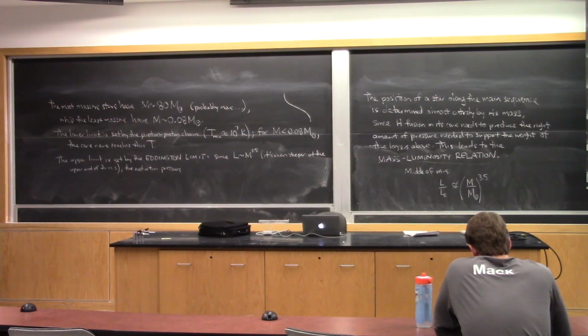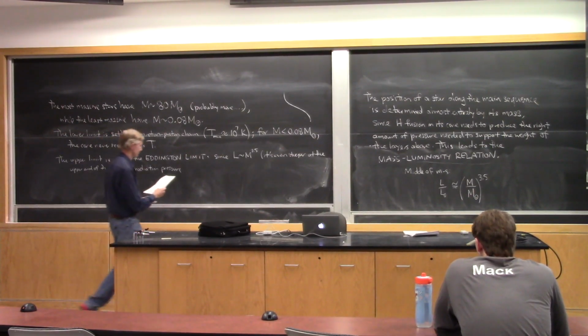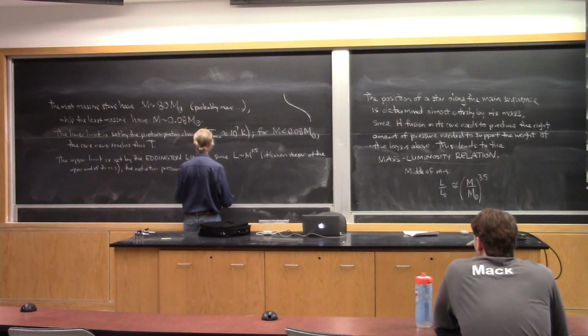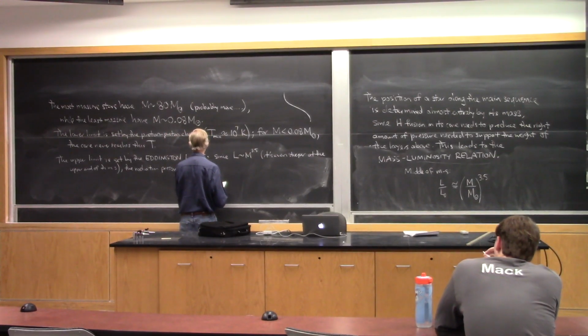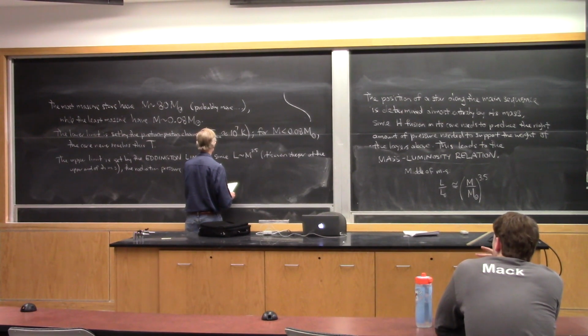If you tried to make something 1,000 times the mass of the sun, it would have to fuse hydrogen so rapidly that that flood of photons would just blow the weakly held by gravity outer layers into space. So the radiation pressure is so large that it exceeds gravity in the outer layers.